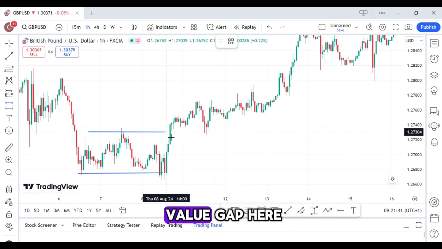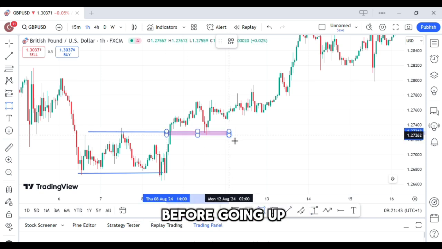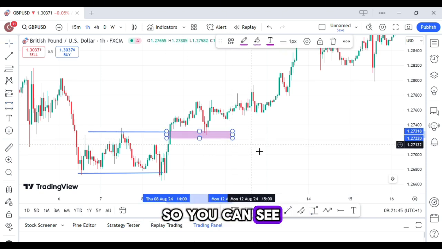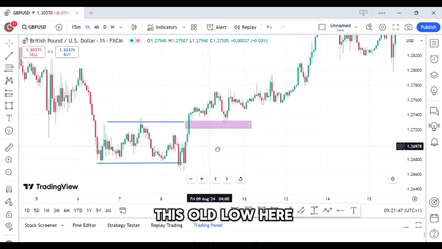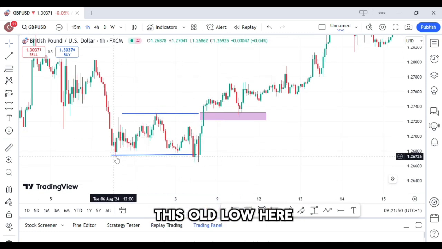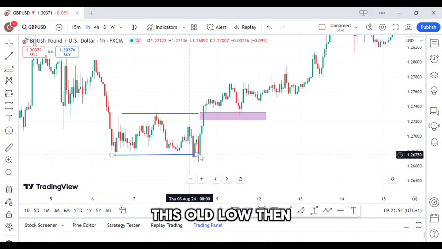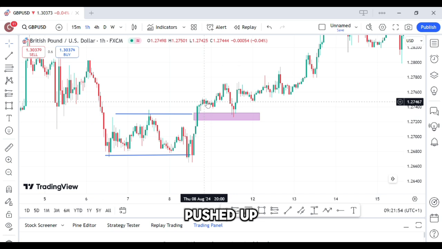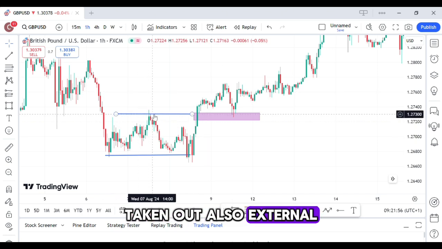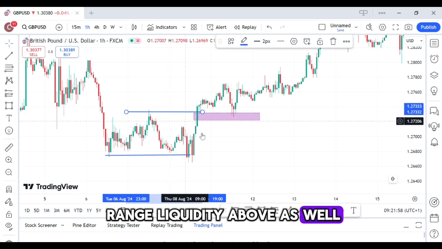Price came to mitigate before going up. So price took out this old low, then pushed up, taking out external range liquidity above as well.